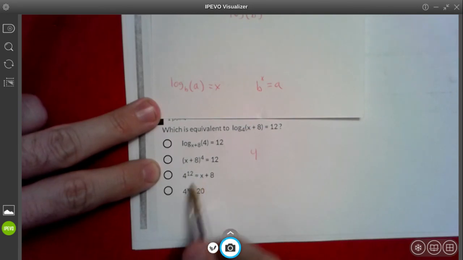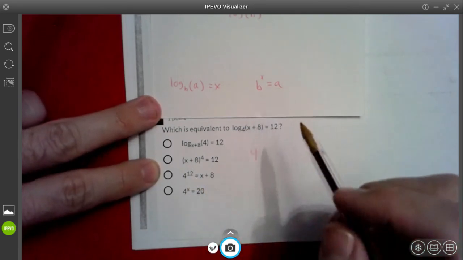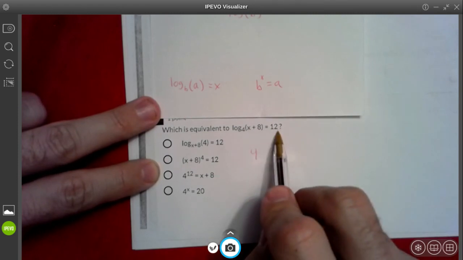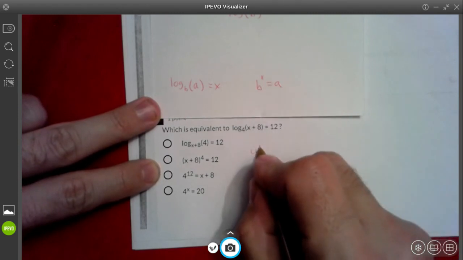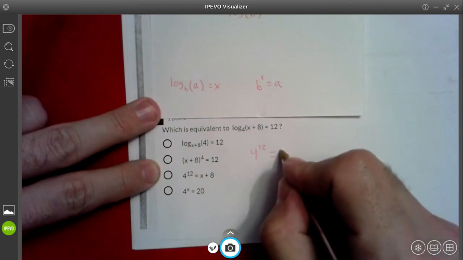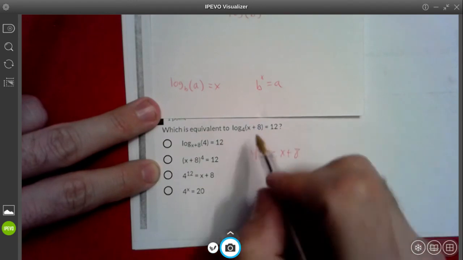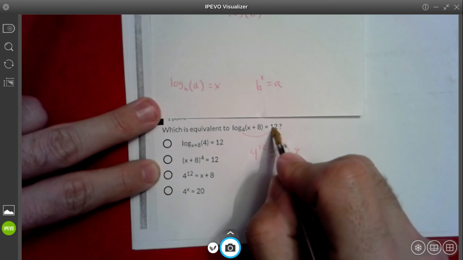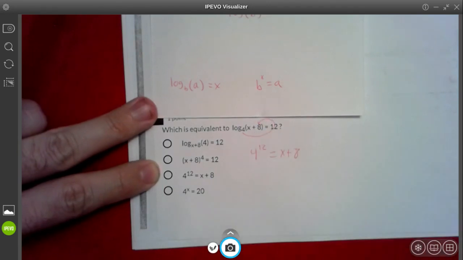Wait, sorry. They're giving you 12 is this number, so that becomes your x, your exponent. And then the number that was in the parentheses right here is on the right-hand side, is equal to x plus 8. So it's 4 to that number is equal to that thing. There we go.